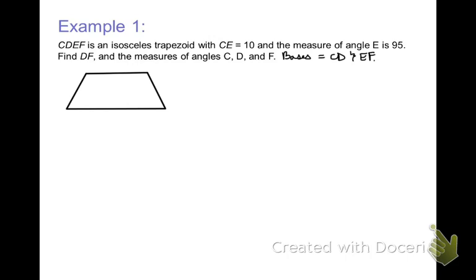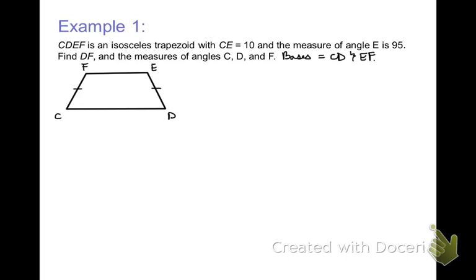So we're going to assume that this is isosceles. And then we're told that CD has to be a base. So if I'm going to start going around this figure, I might do C, D, E, and F. Keep in mind that I still have to follow around the figure, so I could not have done C, D, F, E, because it needs to go around in this order, right? That will screw me up if I switch those letters.